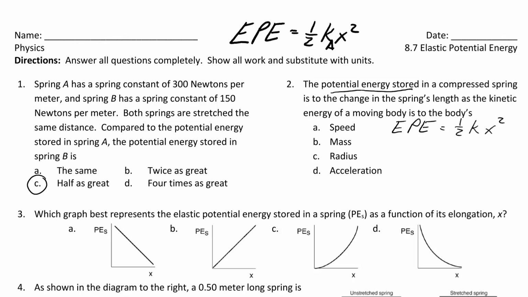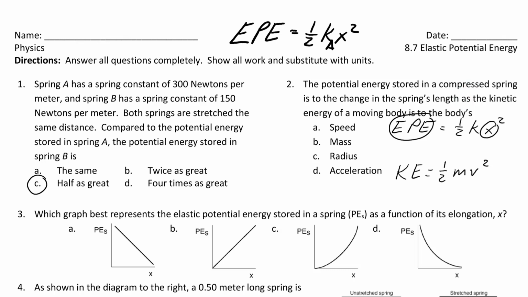They're relating the potential energy and the change in the spring's length, which we call x. So what is the relationship between those two? It's exponential. And now they're comparing it. All right, so the potential energy stored in a compressed spring is to the change in the spring's length as the kinetic energy of a moving object or a moving body is to the body's what? Well, we know kinetic energy is equal to 1/2 mv squared.